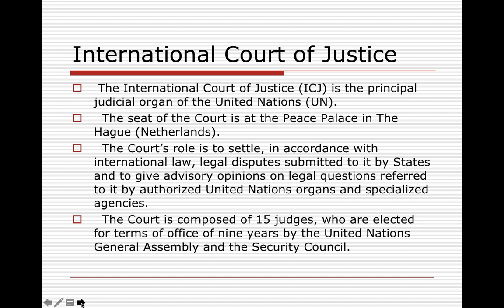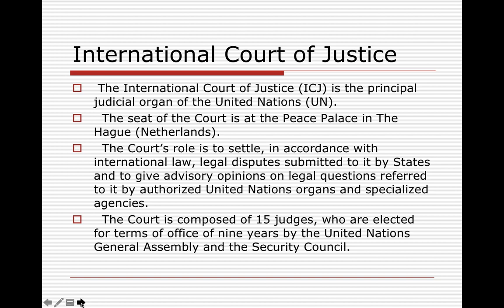On the other hand, advisory opinion is another aspect which the court does give, which is again a legal opinion or a legal judgment, and these are given by the court when certain United Nations organs or specialized agencies refer a matter and ask for legal clarity.